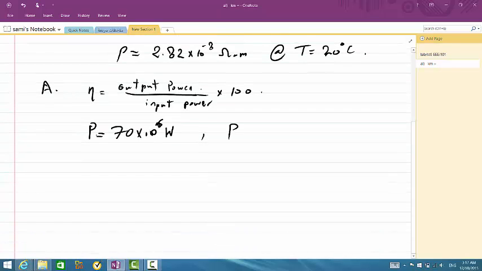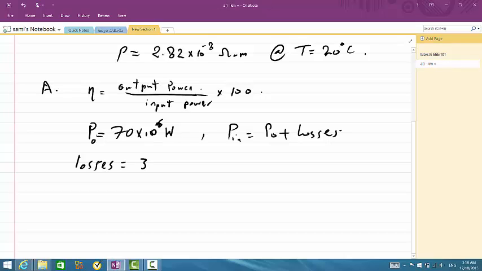The input power will be the output power plus the losses. To calculate the losses of the line, it's 3I² R. So we need to find R.